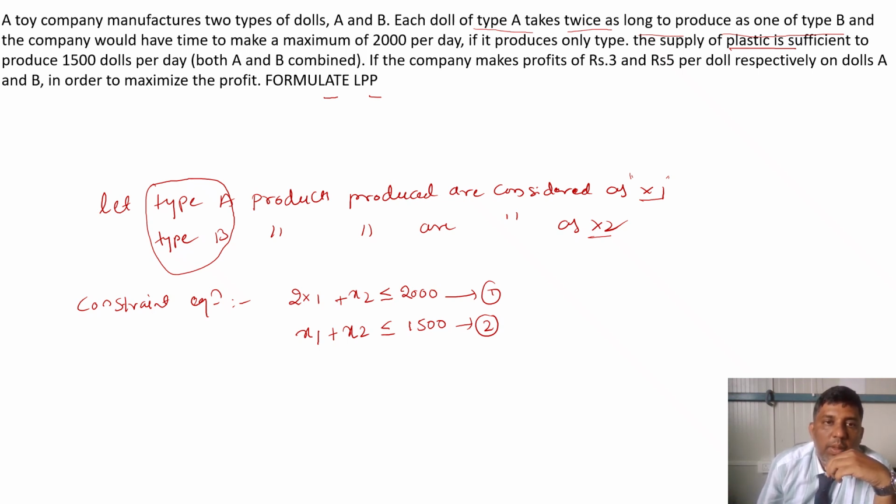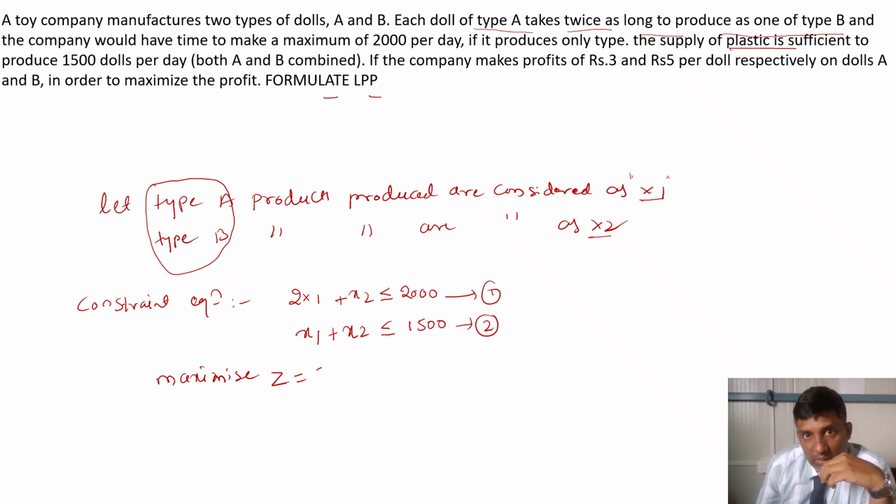The objective function will be: maximize z equal to 3x1 plus 5x2. This is our objective function.